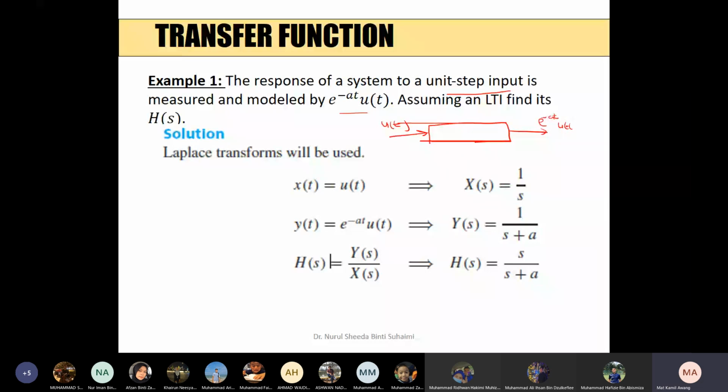So now you want to find H(s) instead of h(t). So u(s), this is what we call X(s), and this is Y(s) and H(s).